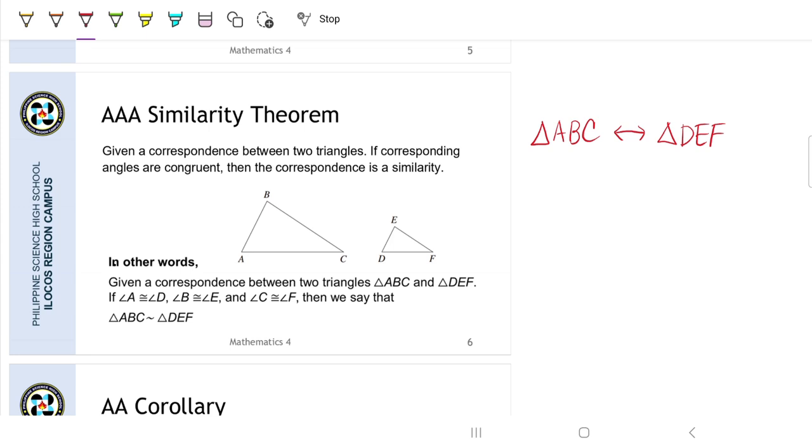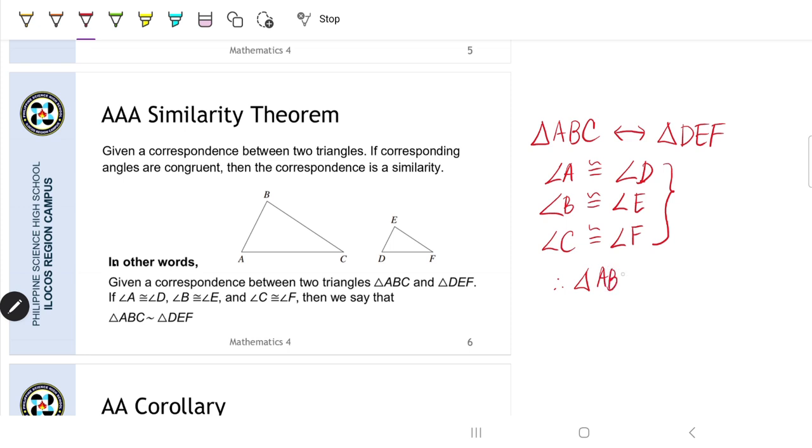Ang ibig sabihin nito, angle A should be congruent to angle D, angle B should be congruent to angle E, and angle C should be congruent to angle F. So if we meet these three congruent corresponding angles, then by AAA, the two triangles should be similar. Triangle ABC is similar to triangle DEF.